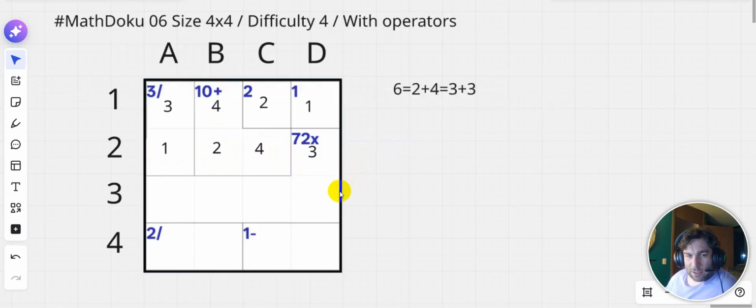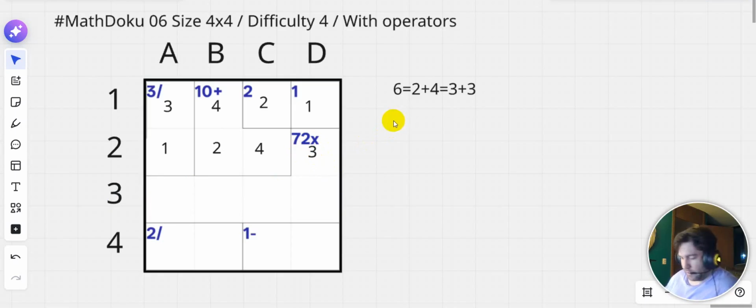Now let's keep row 3 aside. We don't actually have any information about it. For example, if you look at cage G2, we know that the product of these numbers is 72, and we know that in cell G2 we already have 3.